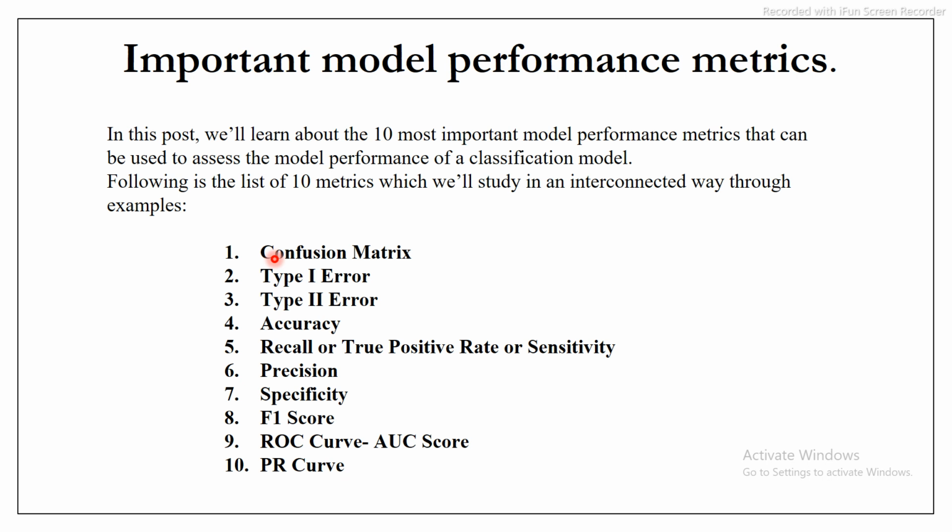Then comes accuracy. Accuracy means how accurate your model is, how well it is trained on the training data set, and what its accuracy is on the test data. Test data means data unseen to the system.